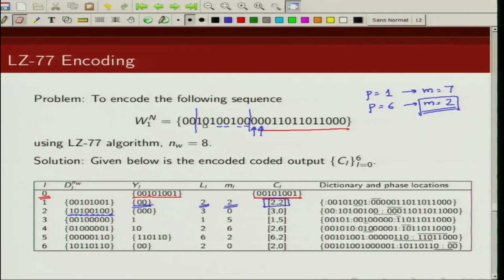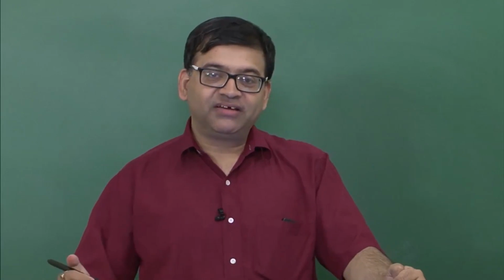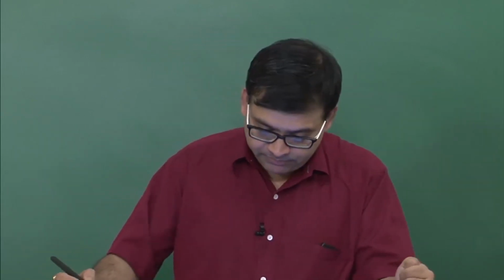Here there is no match of 0, 0, but here there is a match of 0. Here there is no match of 0, 0, so I just remove this. Here there is a match of 0, 0, and here also there is a match of 0, 0, because this 0 is followed by this 0. So the match has to start within the dictionary, but it can go beyond.